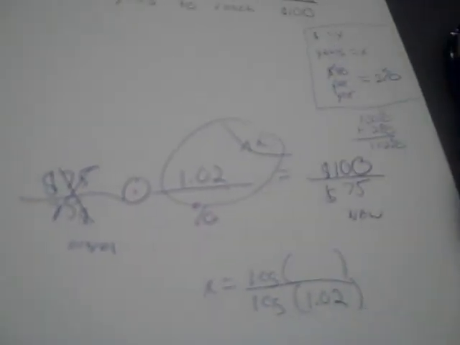1.02 is the base. Now, please do not put 100, and also you're not minusing 75. That is a multiplication operation. The opposite of multiplication is dividing. 100 divided by 75 is 1.33.